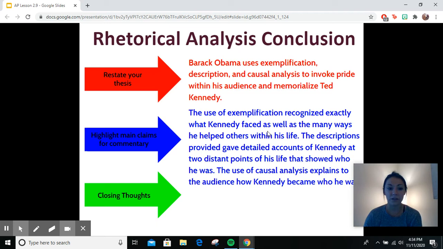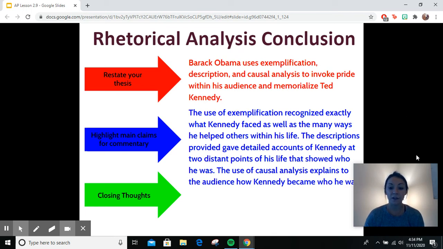Moving on then to highlighting the main claims for commentary. "The use of exemplification recognized exactly what Kennedy faced, as well as the many ways he helped others within his life. The descriptions provided gave detailed accounts of Kennedy at two distant points of his life that showed who he was.